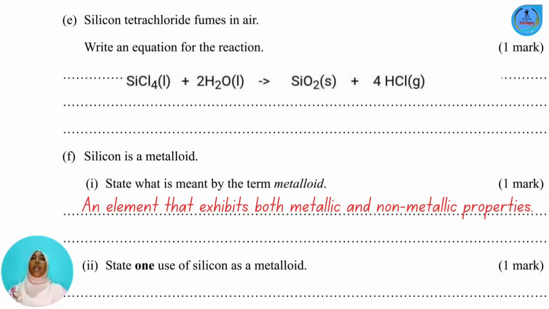Now, physically, it has the shiny appearance that is typical of metals. But instead of being malleable or ductile, as is the case for metals, it's brittle. Mara moja kuvunjika. Now, chemically, however, it reacts in a manner that is similar to non-metals. So, ndo maana tunaiita just a metalloid.